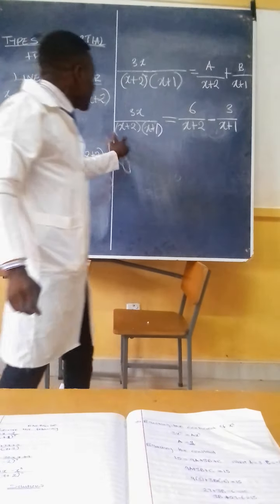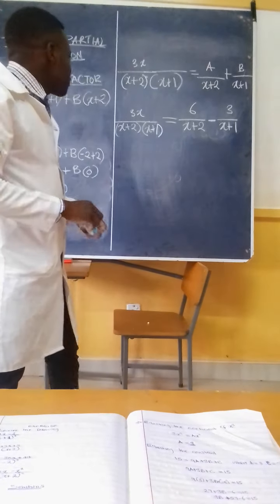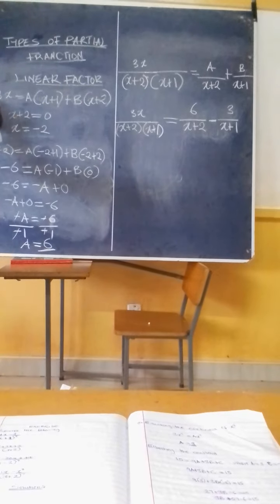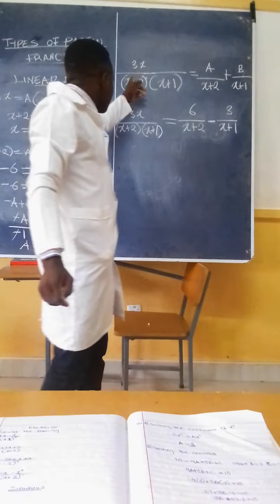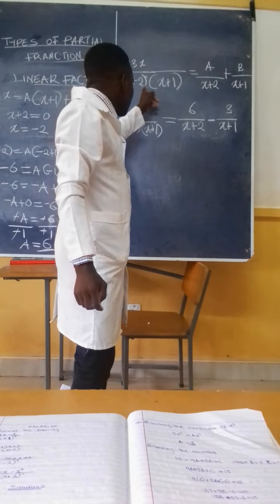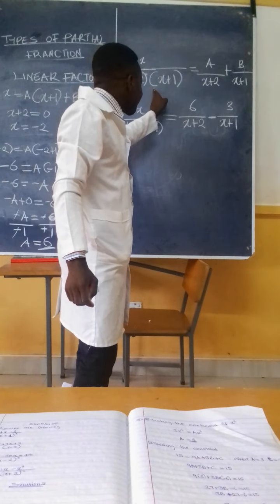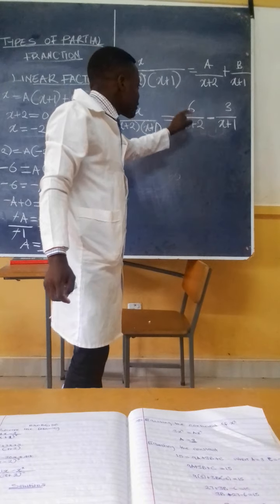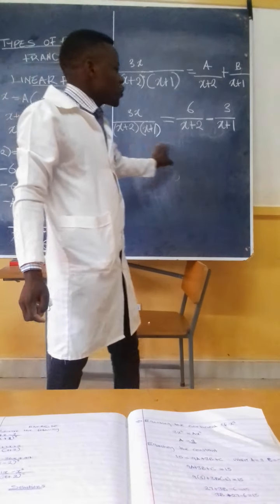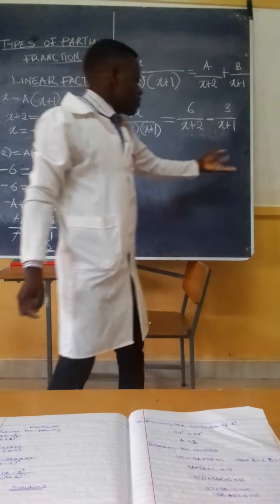By writing it like this, it means you have resolved 3x over open bracket x plus 2, close bracket, open bracket x plus 1, close bracket, into partial fractions.